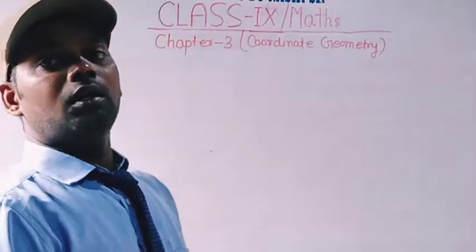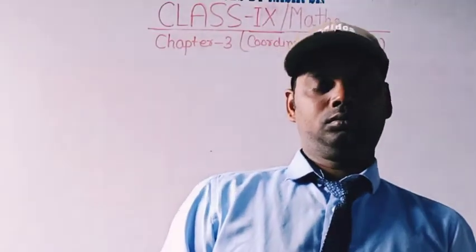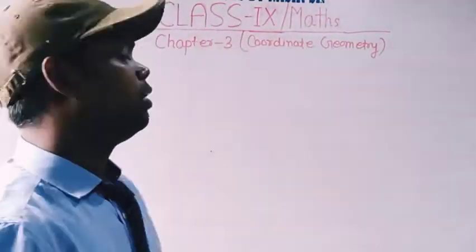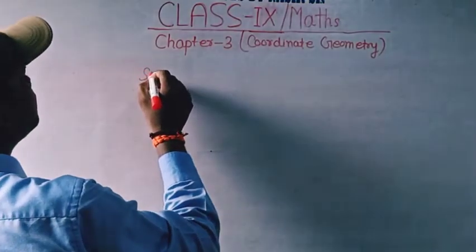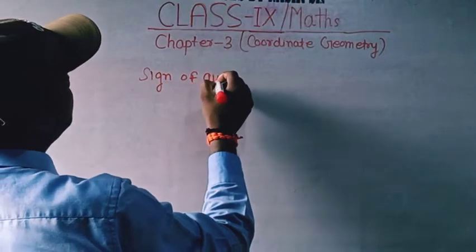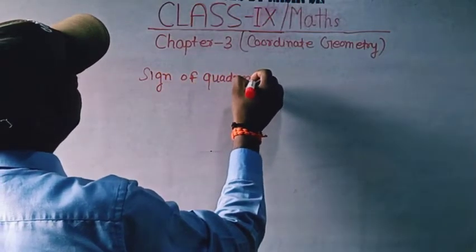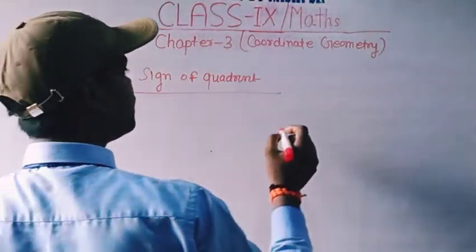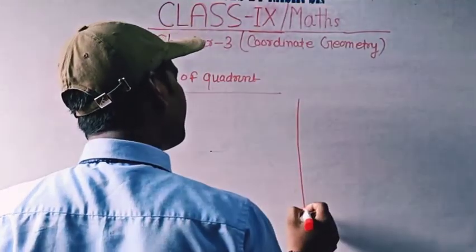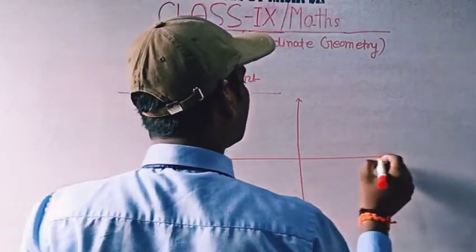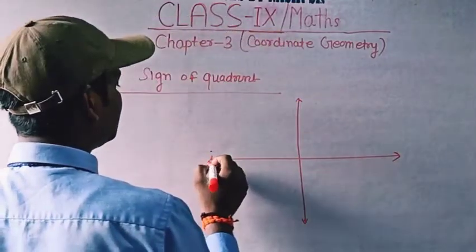Okay, now I am going to explain the sign of quadrants. This is the Cartesian plane.